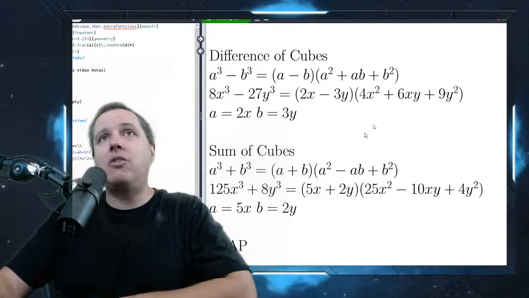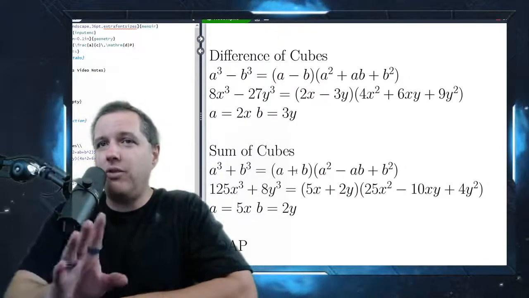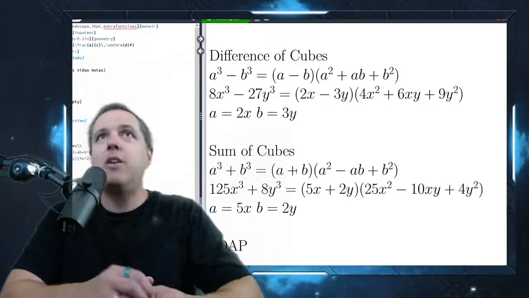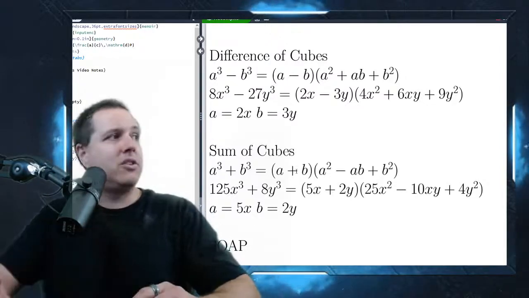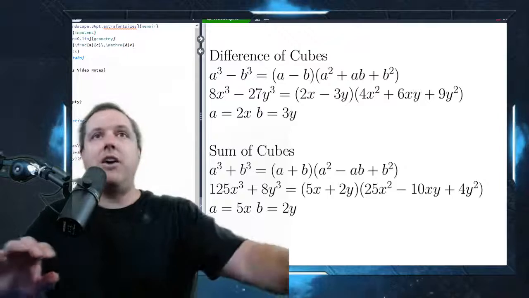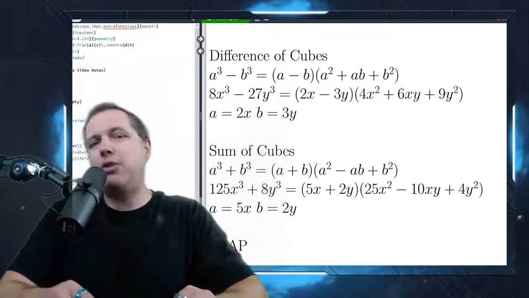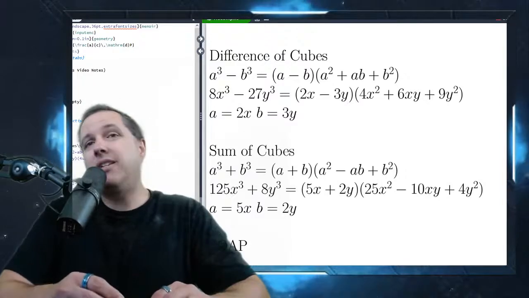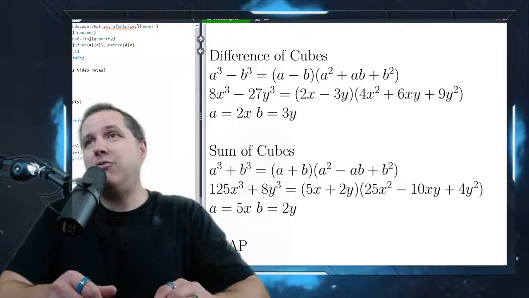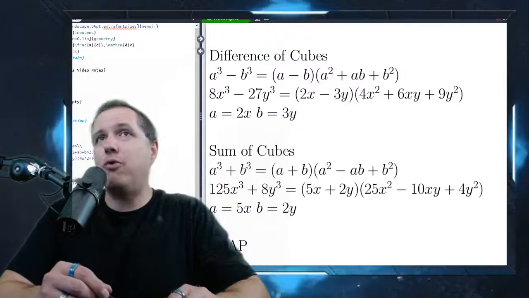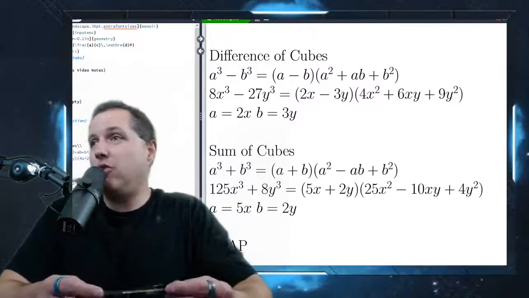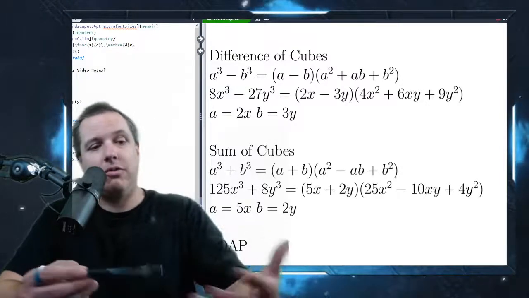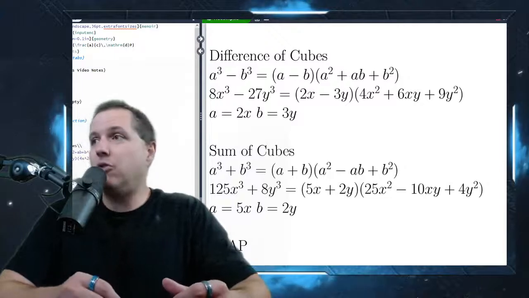That requires a little bit of focus and thinking, but if you get what I'm talking about with this SOAP, it can definitely cut down on memorization. In math, we actually prefer that people not memorize things, because in this day and age, if you ever need to know a formula, you just pull out your phone and look it up, right? You just go, okay, Google, what's the difference of cubes formula?